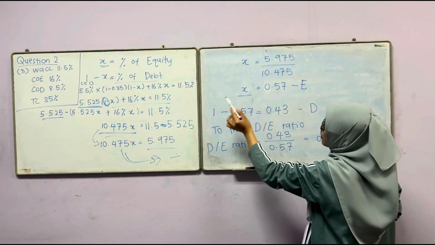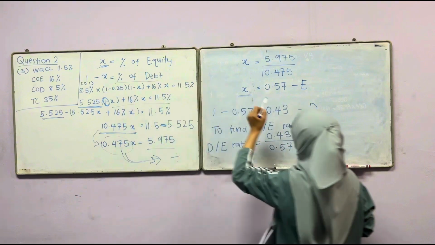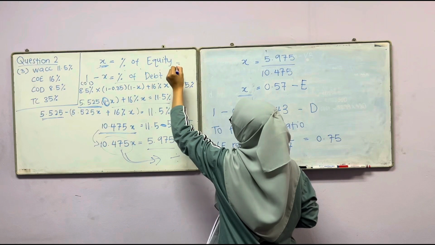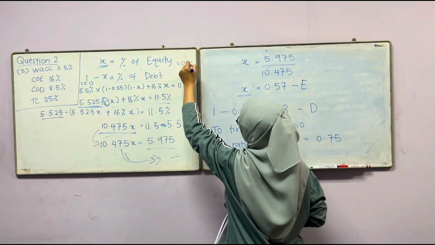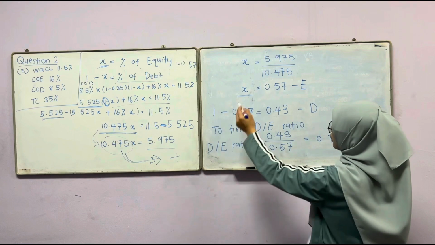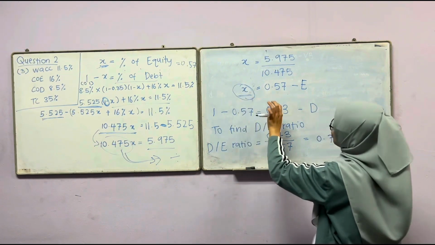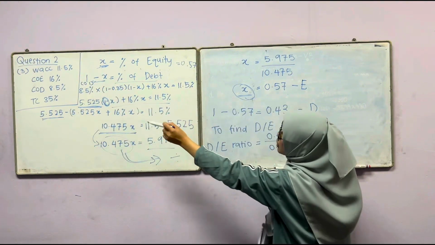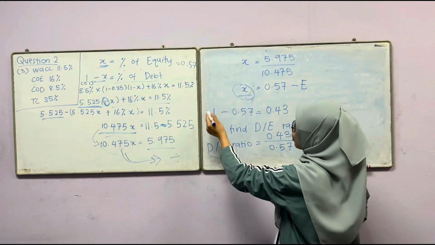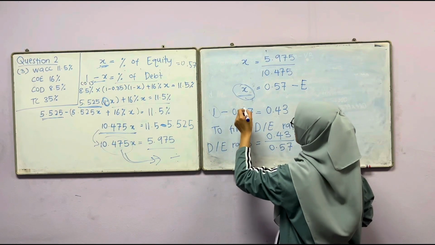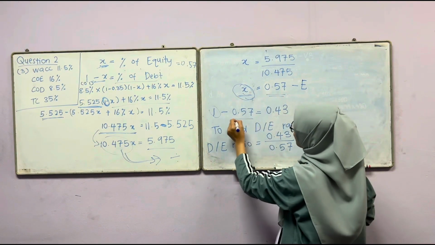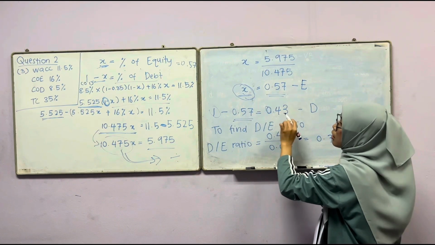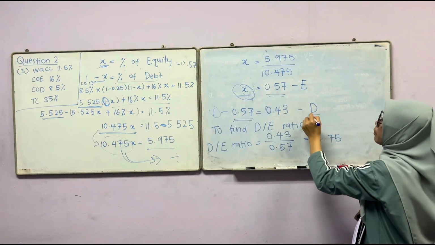So the percentage of equity equals 0.57. Now that we know the value of X, we use it to find the percentage of debt: 1 minus X, which is 0.57, equals 0.43. So 0.43 represents the percentage of debt.